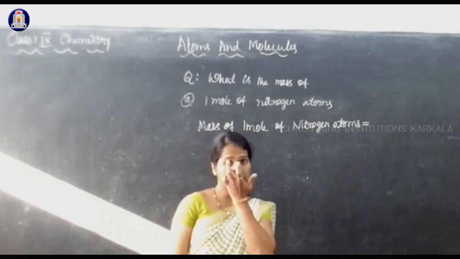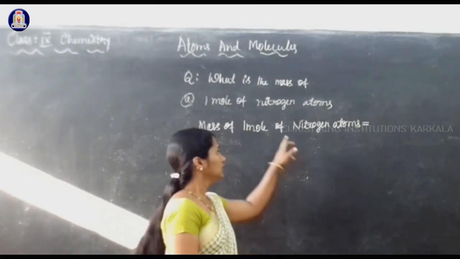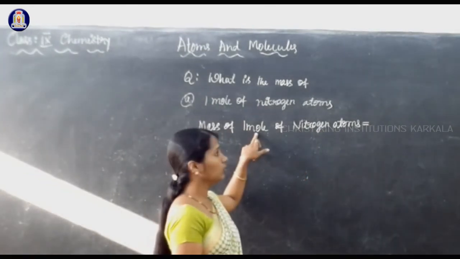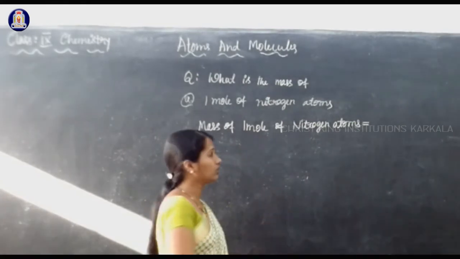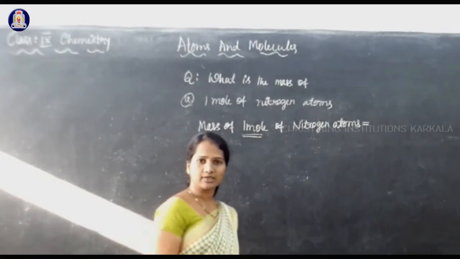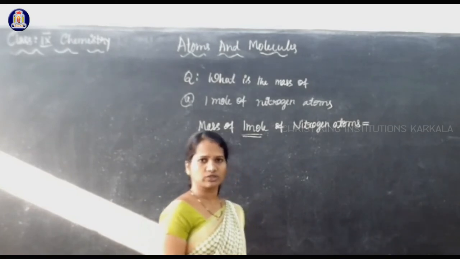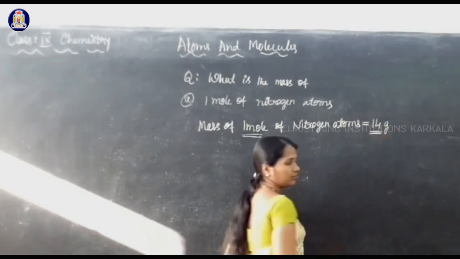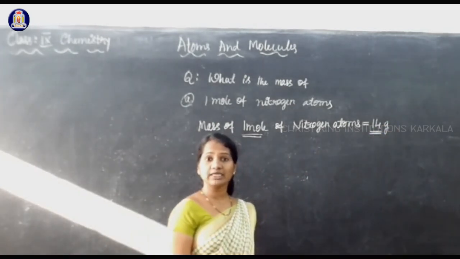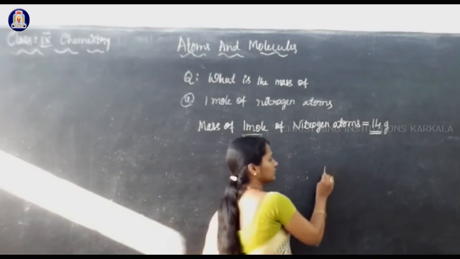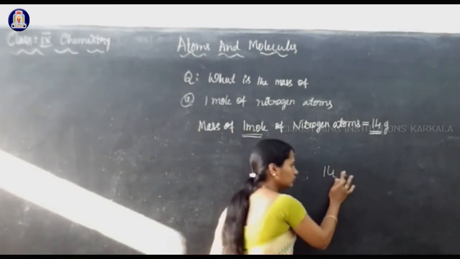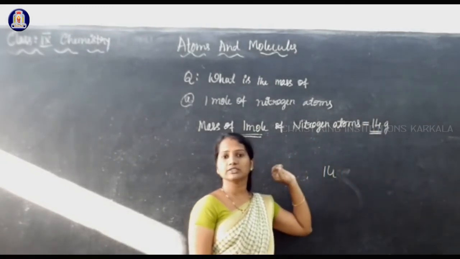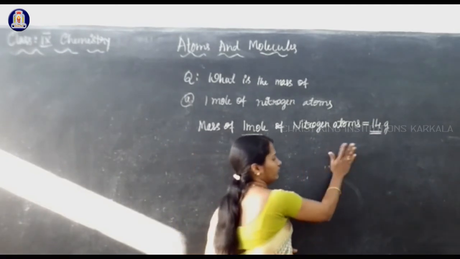Atomic mass of nitrogen is 14. So the molar mass of nitrogen atoms is 14 gram. The atomic mass is 14 atomic mass unit, written as 14 u. But if you write it in grams, it is called molar mass, the mass of 1 mole of the substance, 14 grams.